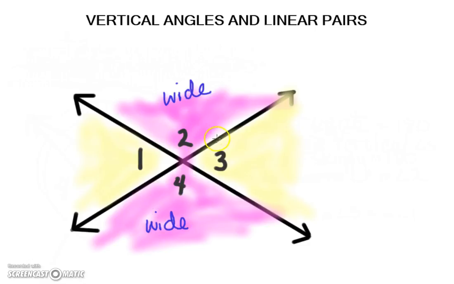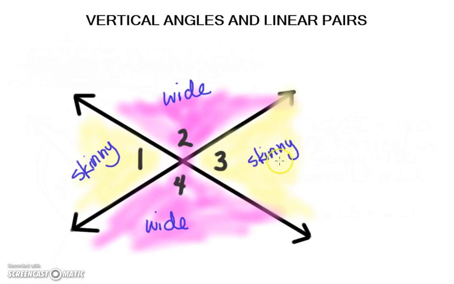And if you were paying attention to what I said earlier, angle 2 is vertical with angle 4. That means they're congruent, so if one's wide, the other's wide. And when I'm looking at angle 1, this yellow spray-painted angle, I would call this one skinny. And I would call angle 3 skinny.